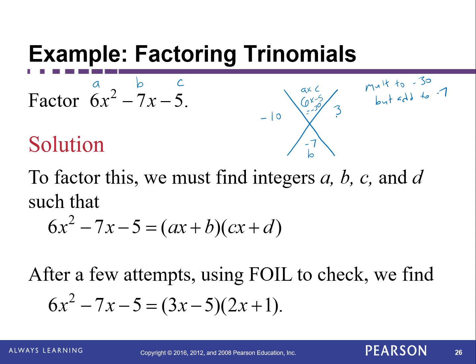Now, the only other thing I have to do is, once I figure out what factors multiply to give me negative 30 and add to give me negative 7, I have to put those factors over the A. The A in this case is the 6.